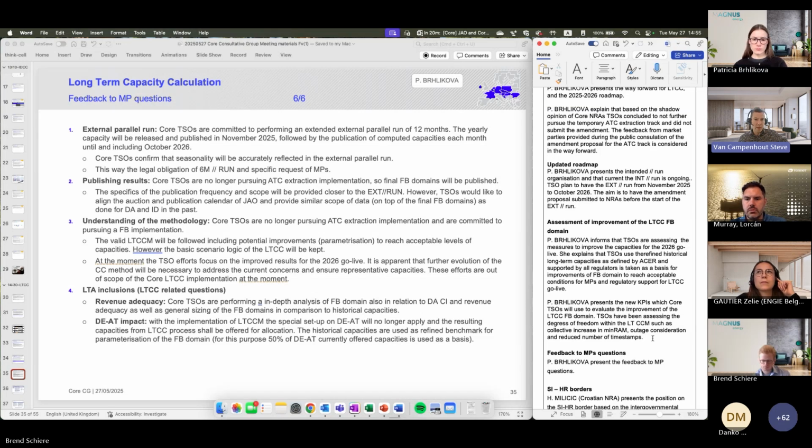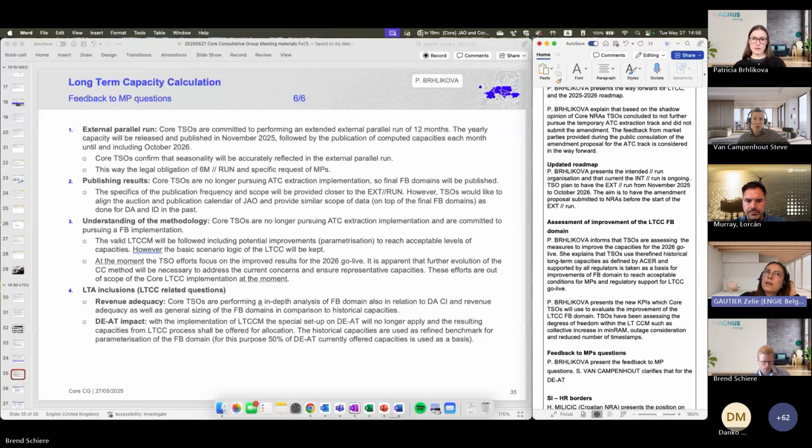This 4.9 gigawatt will cease to exist with the go live of the whole project and the long-term flow-based allocation. And it will be subject to the same capacity calculation rules as any other border. So the only link that is preserved with this 4.9 gigawatt is in the benchmark definition of the benchmark itself.